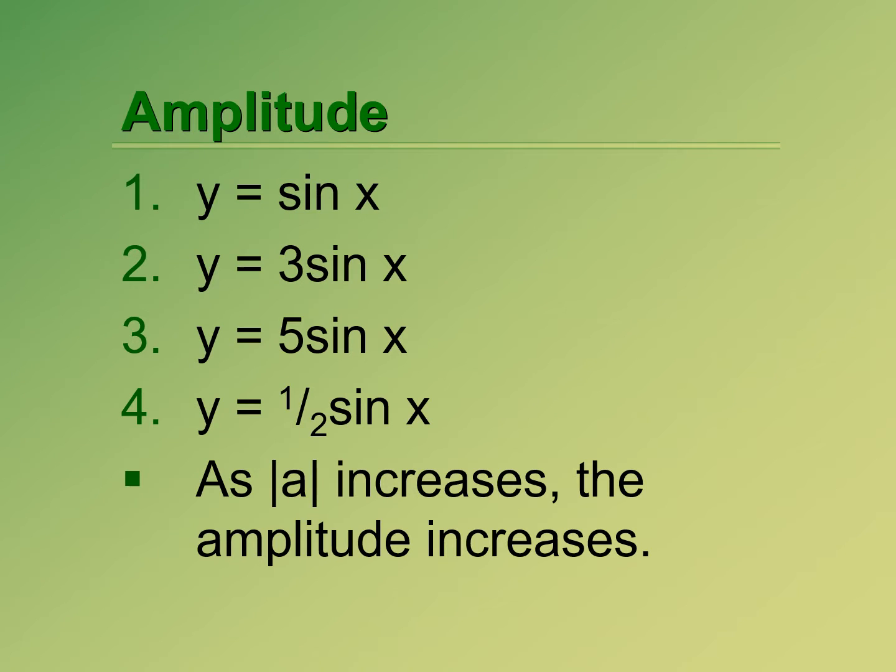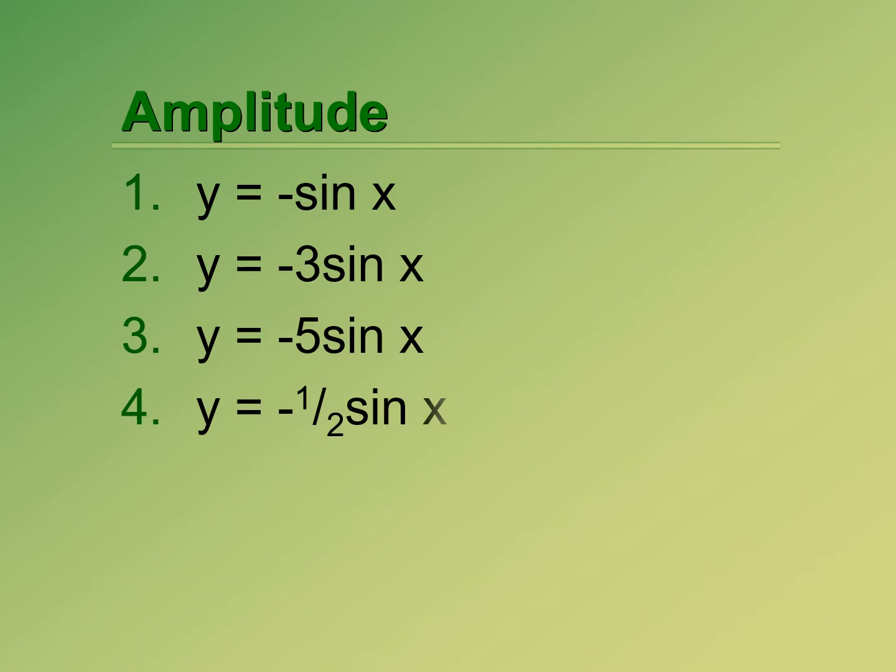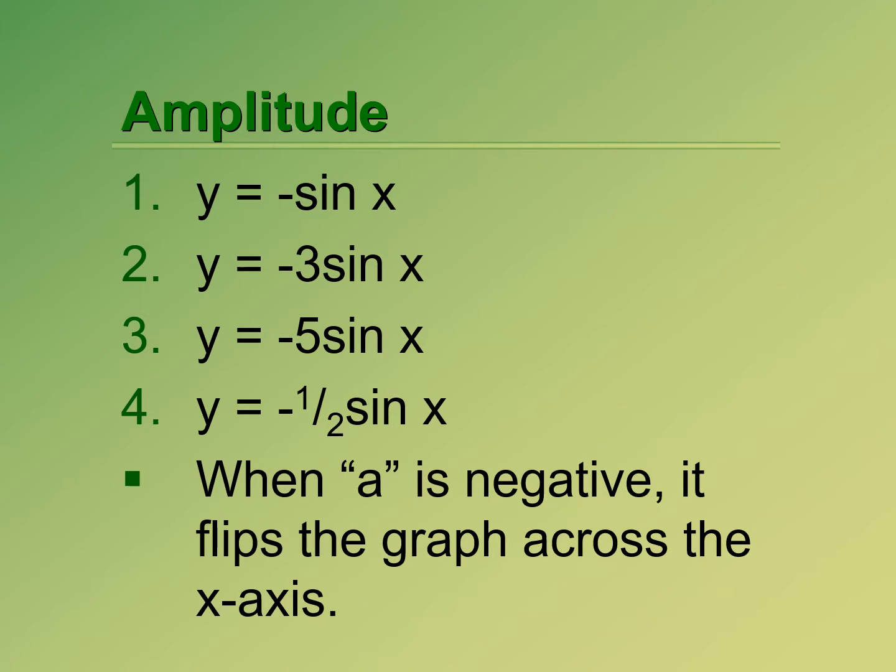That means that y equals 5 sine x is going to be a lot taller than y equals 1/2 sine x. That's going to be super tiny. And then if I look at these 4 graphs on our graphing calculator, you'll notice that all of these are negative, and because they're negative, they're flipping across the x-axis.